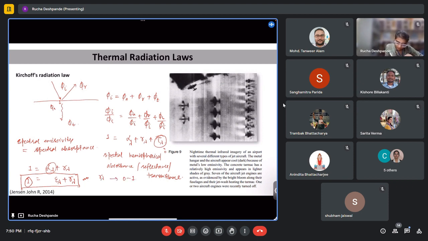When an object is a good reflector, r lambda would be 0.9 or close to 1, and its emission would be close to 0. So that is why we say that good reflectors are poor emitters and good absorbers are good emitters.